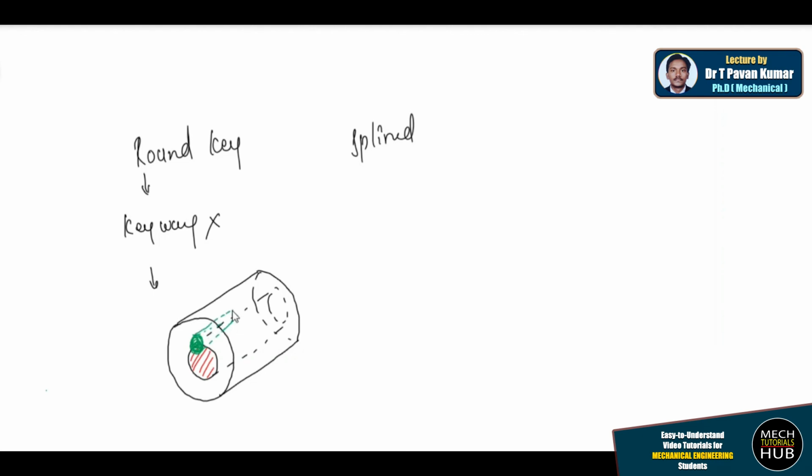Now this round key will also have a taper section. It is not linear like a cylinder, it is somewhat like a cone. So there will be a taper section, material will be drilled and taken out, then a round key is fabricated, of a different, stronger material than the hub and the shaft. This will be knocked inside.